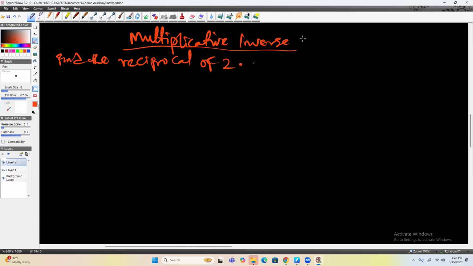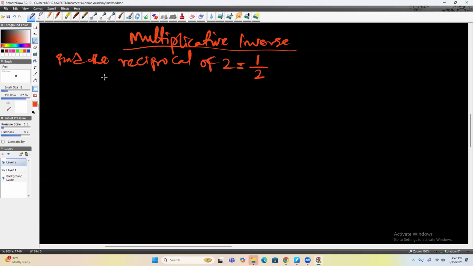Reciprocal simply means 1 over that number. Reciprocal and inverse mean the same thing. It means 1 over that number, 1 over 2. So the reciprocal of 2 is 1 over 2.